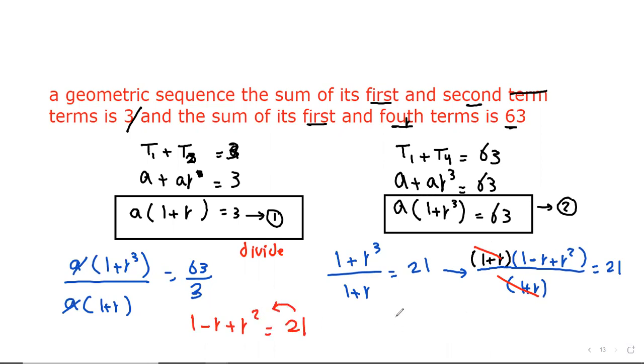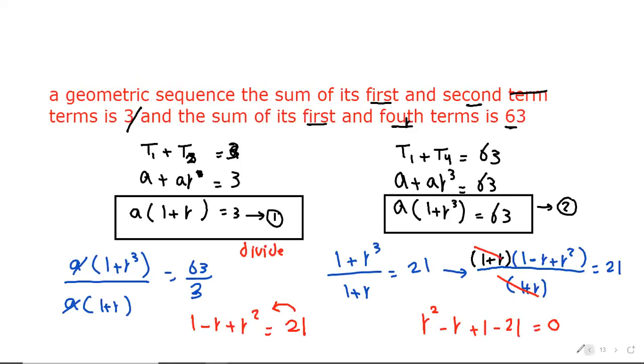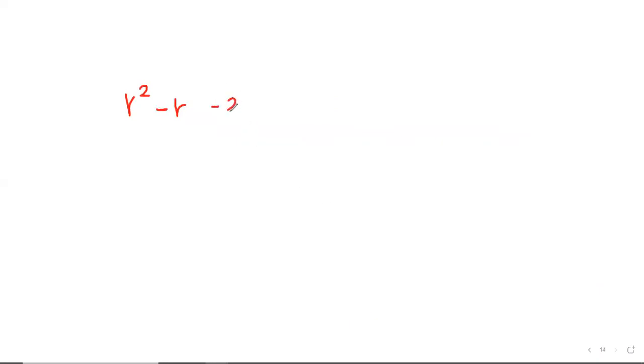Move 21 to the other side and rearrange this expression. It will be R to the power of 2 minus R plus 1 minus 21 equals 0. Then it's R to the power of 2 minus R, because we have here 1 and negative 21, it will be minus 20 equals 0. It's a quadratic equation.